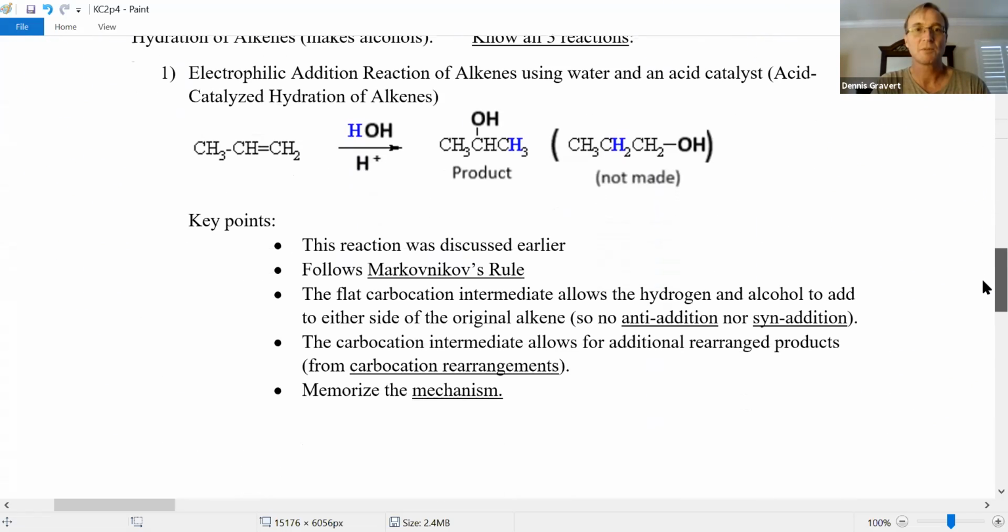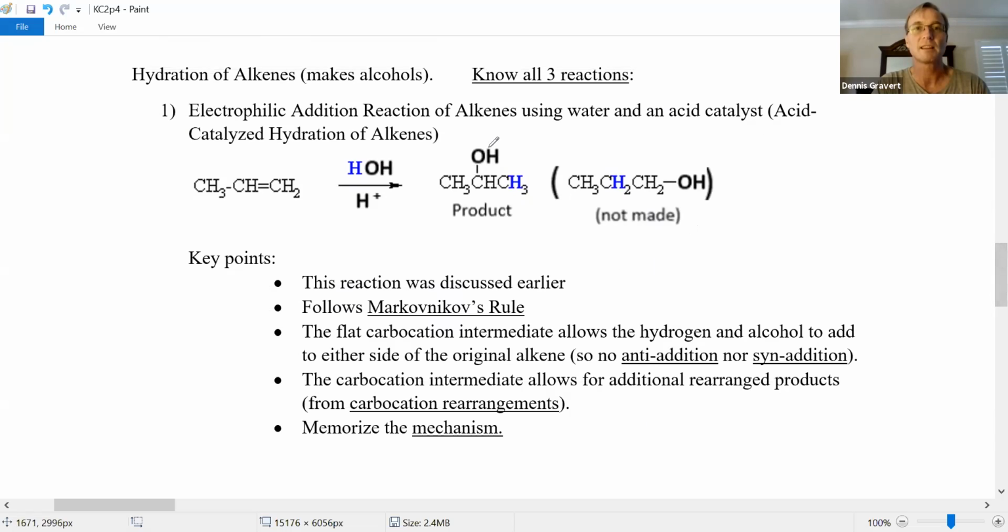Next reaction. We actually already saw this before, but I thought, you know what, we'll just go over it again. In the previous video, electrophilic addition of alkenes, one of our reagents was the hydronium ion. Hydronium is formed when H plus reacts with water, HOH.